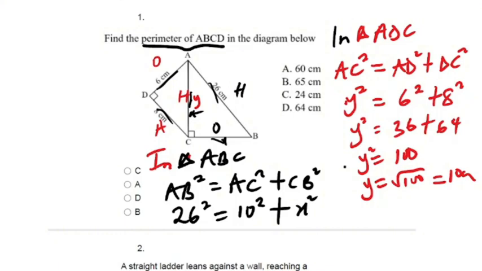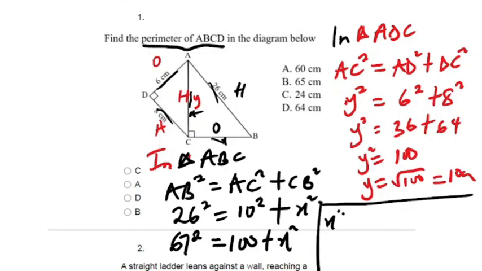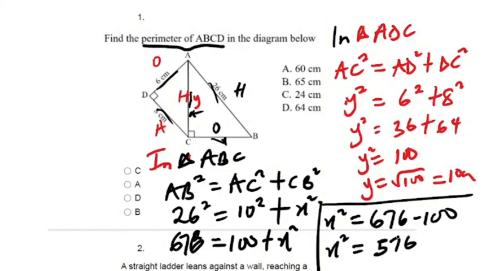From here, 26 squared is 676. So we have 676 equals 100 plus X squared. Therefore X squared equals 676 minus 100, which gives us 576.